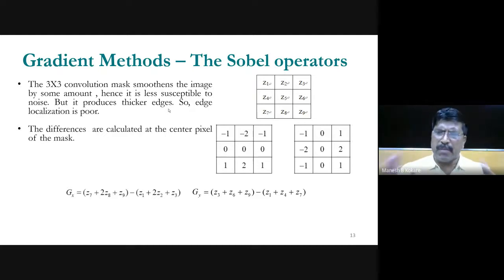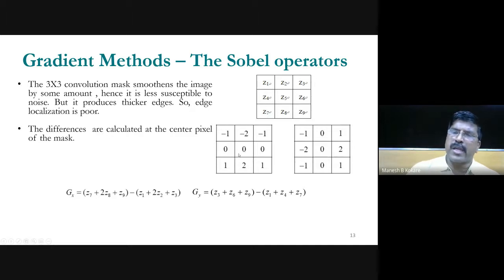So this is also a 3x3 mask, and one more important thing, suppose for example a 3x3 mask is there. So this is Z1, Z2, Z3, Z4, Z5, Z6, and Z7, Z8, and Z9. One important change they have made is that they are giving more importance to the central pixel. The pixel under consideration is this one.